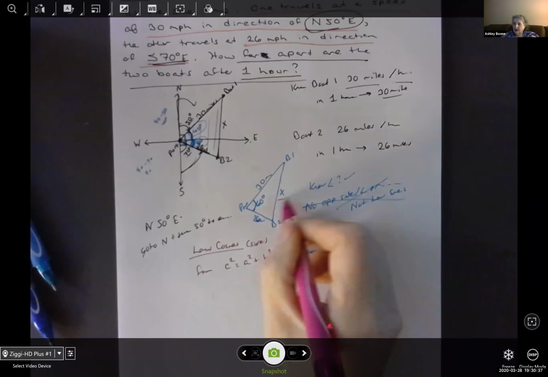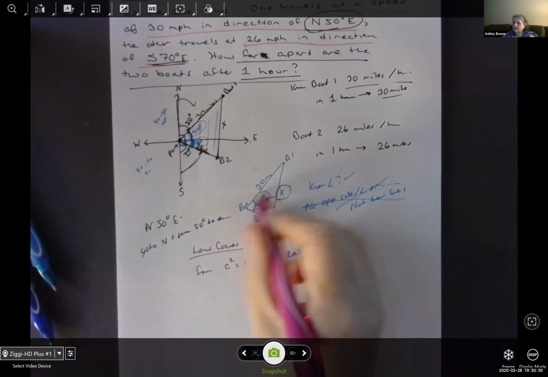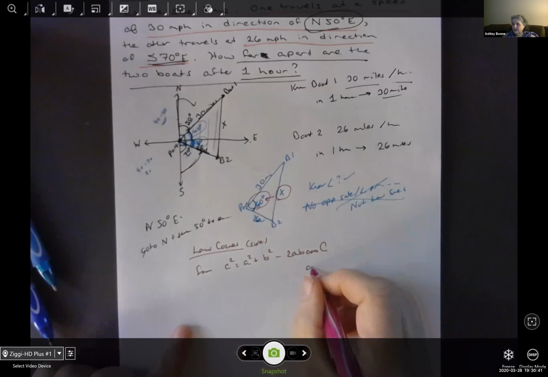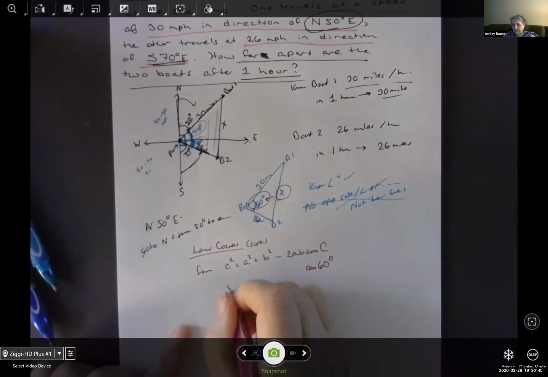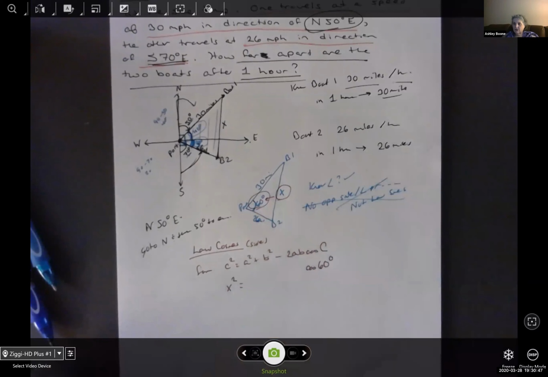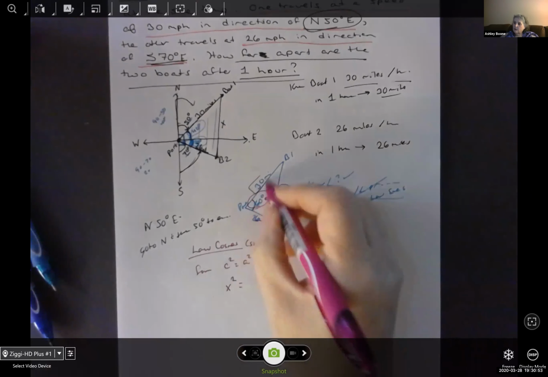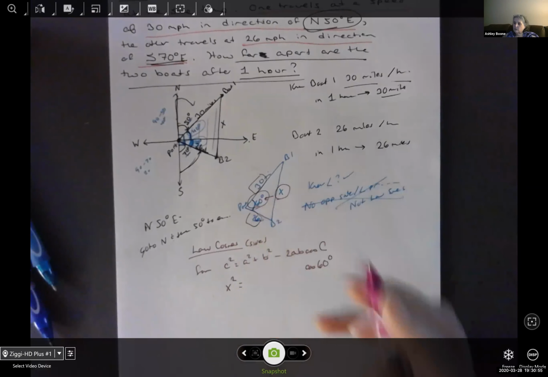This side is opposite 60 degrees. So I'm going to have a cosine of 60 degrees in the problem, and x squared equals. Those are my opposite angle and side. a and b represent my other two sides, so one of them is going to be 30, one of them is going to be 26.